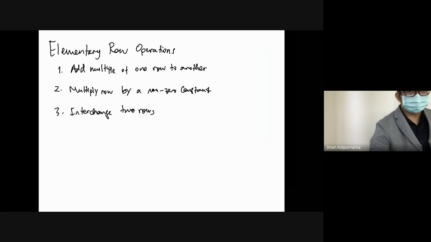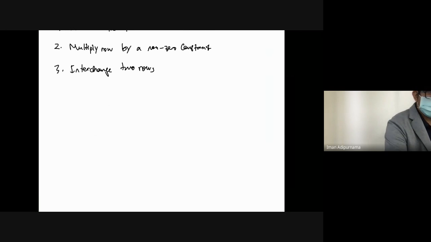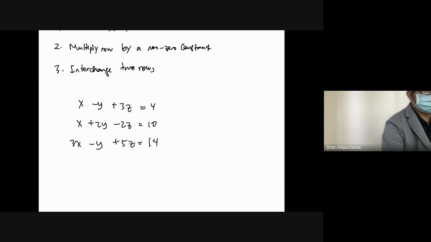Okay, let me give you an example. So x minus y plus 3z equals 4. x plus 2y minus 2z equals 10. And then 3x minus y plus 5z equals 14.